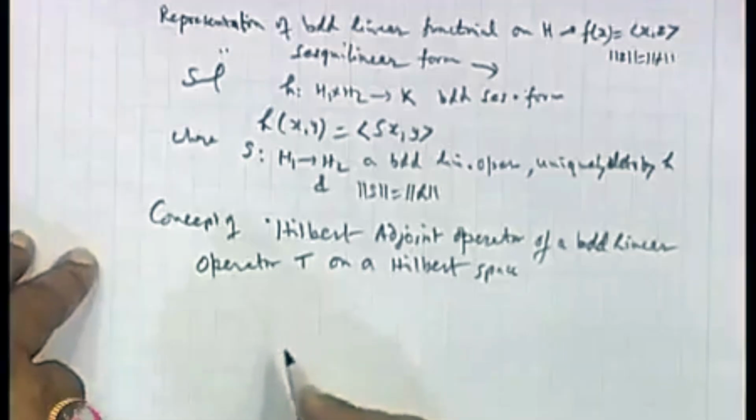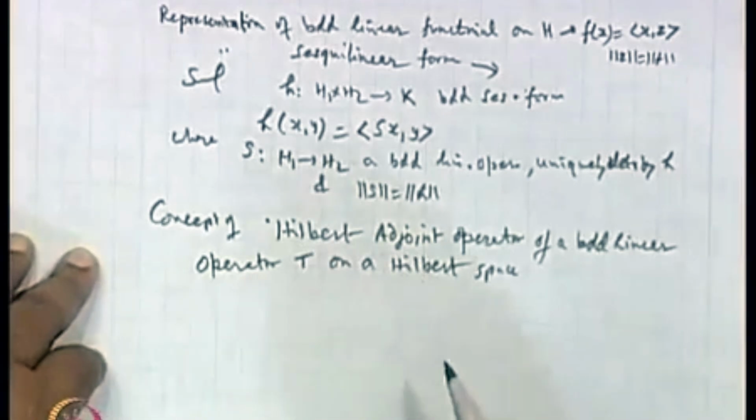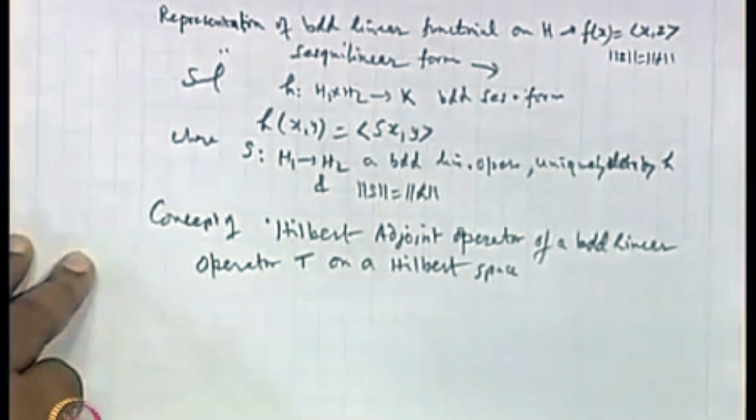In fact, we will see that symmetric matrices, Hermitian matrices and all these things can be related with these Hilbert adjoint operators. So today we will discuss in detail what is the Hilbert adjoint operator of a bounded linear operator on a Hilbert space H.